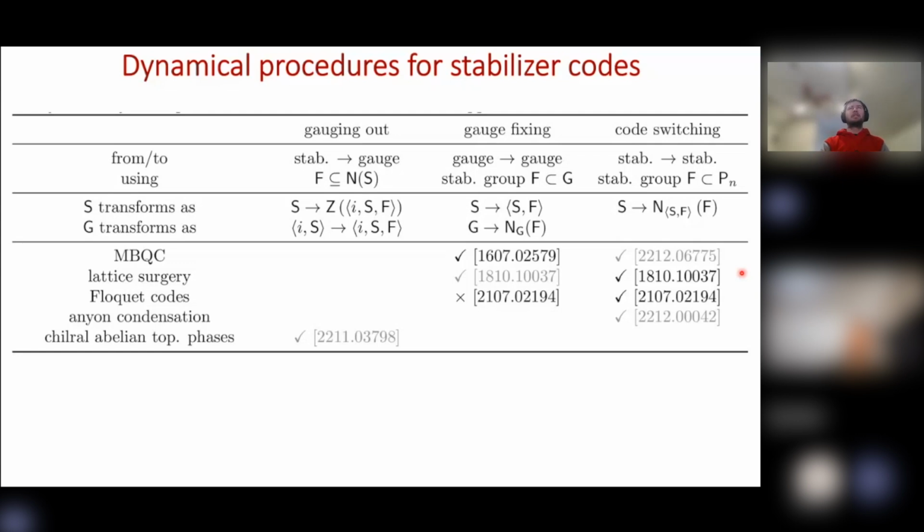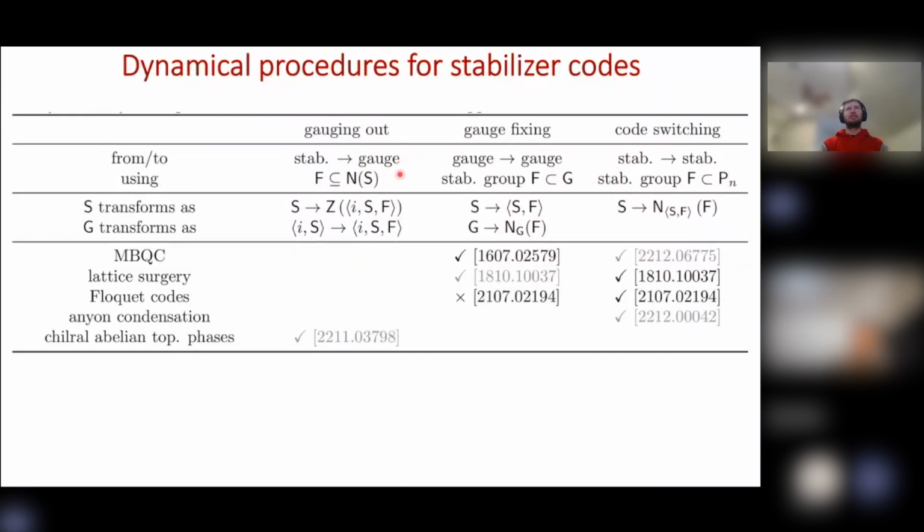This is another slide from the Boulder lectures where I go through some of these things in detail. So there are basically different types of procedures that you can do with gauge codes. The first one is called gauging out. This is different than gauging symmetries that I mentioned before. Here, you start with a stabilizer code, and you obtain a subsystem code.